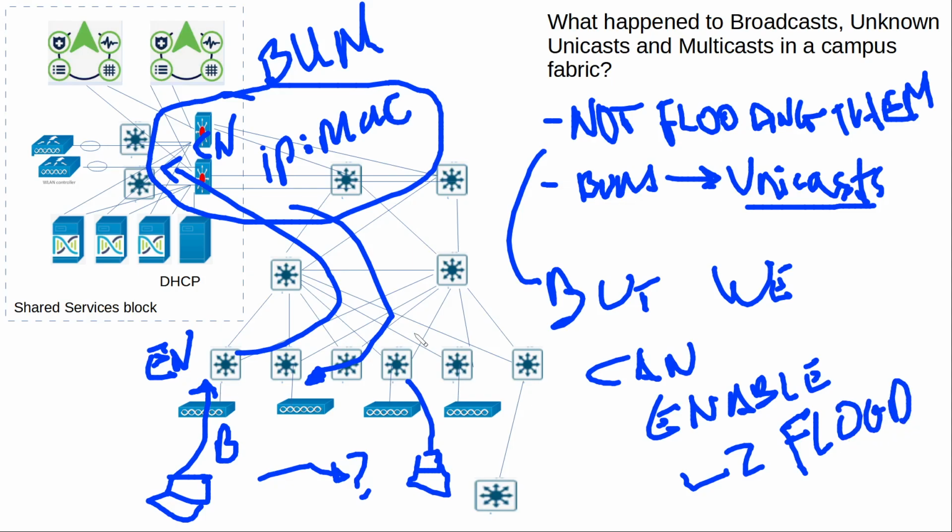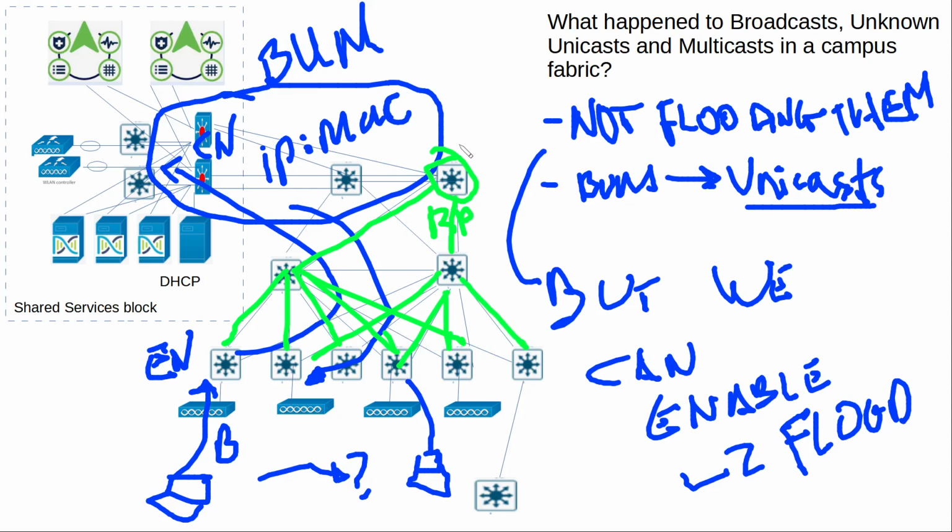And the way it works is that in the underlay, we are going to create a multicast network that is going to simulate this flooding. So we are going to enable multicast in the underlay in order to enable flooding in the overlay.